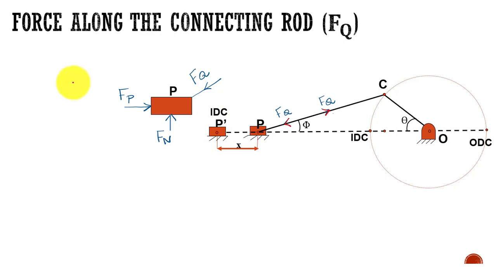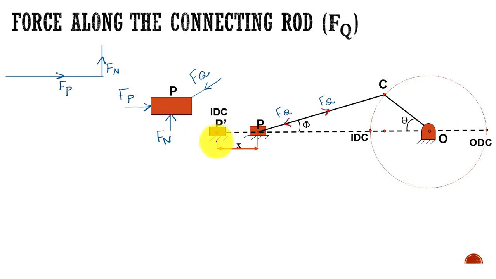Now let us see how to draw the force polygon. This is the first force, Fp, in the horizontal direction, and the next force is Fn. It is a reaction force due to the connection between the cylinder wall and the piston.